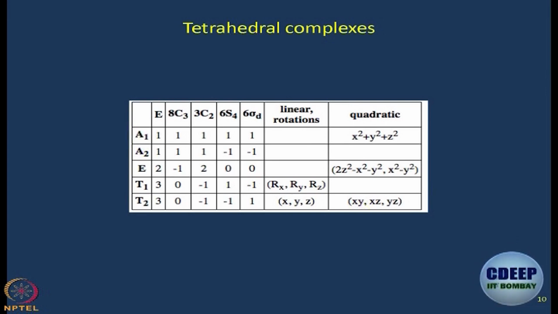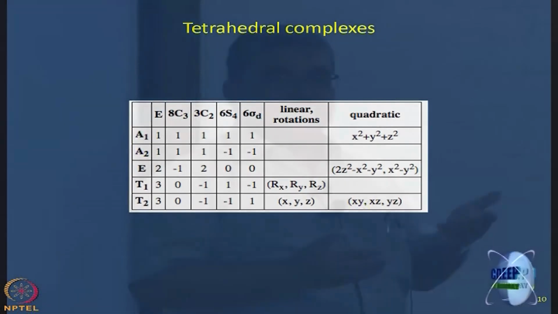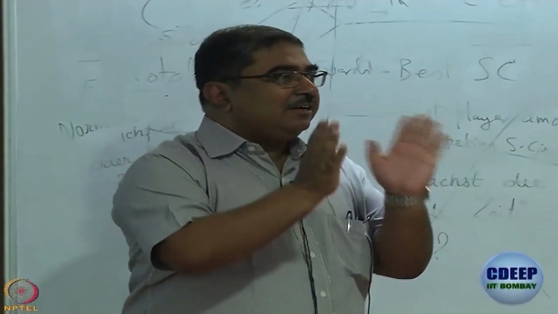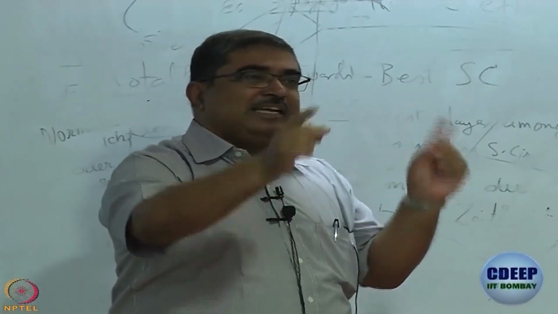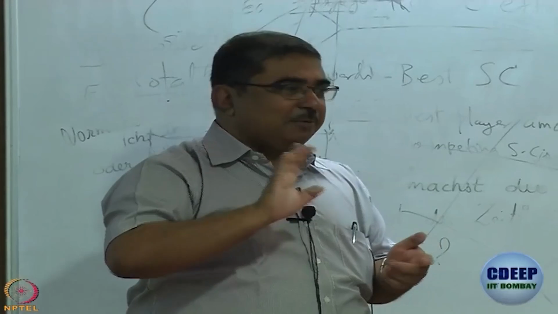Okay. So, once again you will have 2 groups of d orbitals in a tetrahedral complex, but which one will be lower, which one will be higher? Will the order be the same for octahedral? It will be exactly the opposite, because now the ligands are disposed between the axes, there is no along the axis approach.